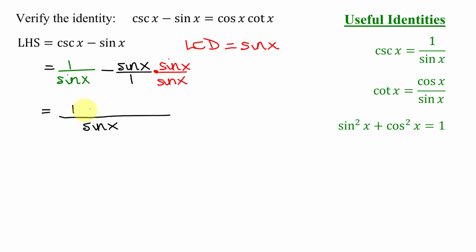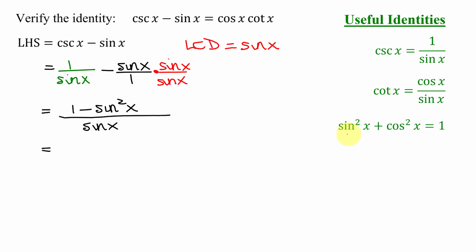And in my numerator, I have 1 minus sine x times sine x, which is sine squared x. Now, has this got us any closer to the right-hand side? Not yet. But looking at our numerator, when you see 1 minus sine squared x, you should see Pythagorean identities.